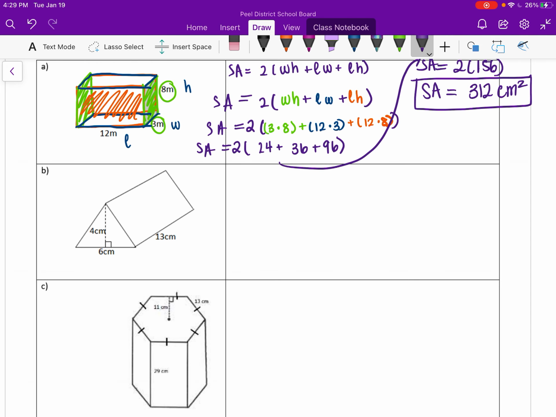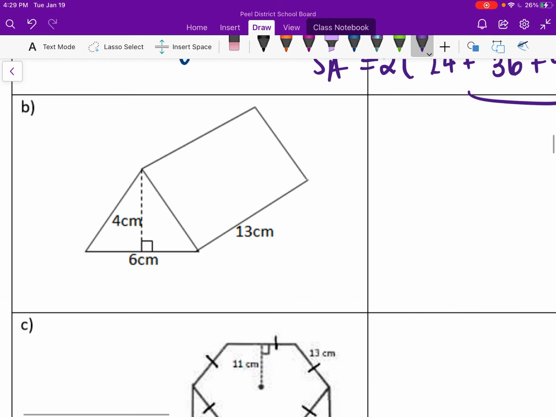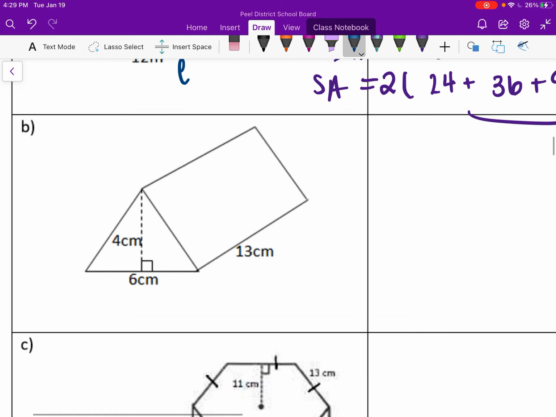So we're gonna move on, right? And again, I'm always gonna work with trying to use as much of that manipulation as I can, right? But I know that I have this triangular prism here. So the orange, I'm gonna have my shapes all together, right?